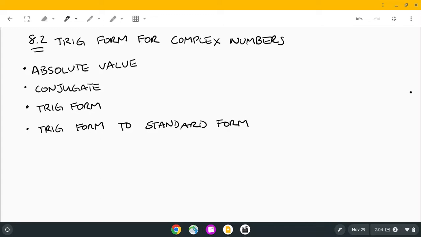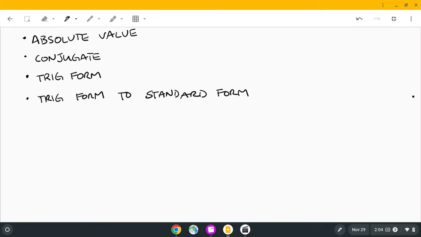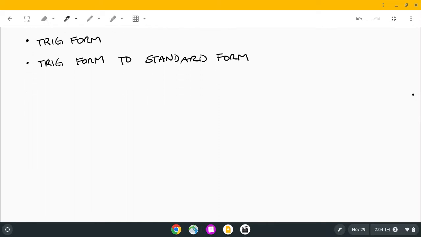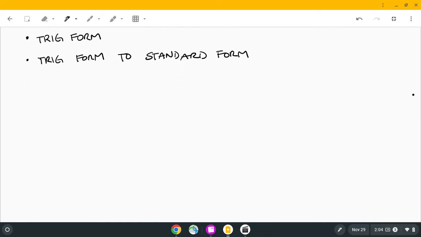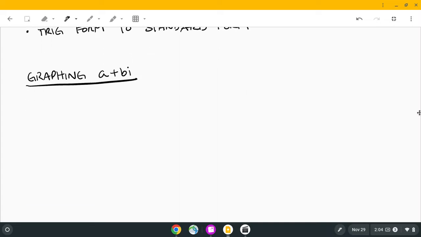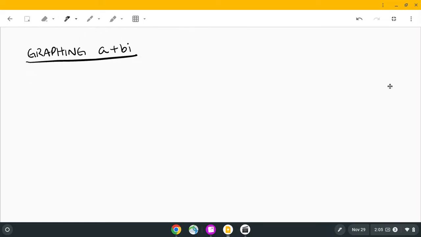All right, so let's start with graphing complex numbers. So let's take a look at graphing a plus bi. When we're graphing this complex number, we need two axes, one to represent the real part, so that would be this horizontal one.